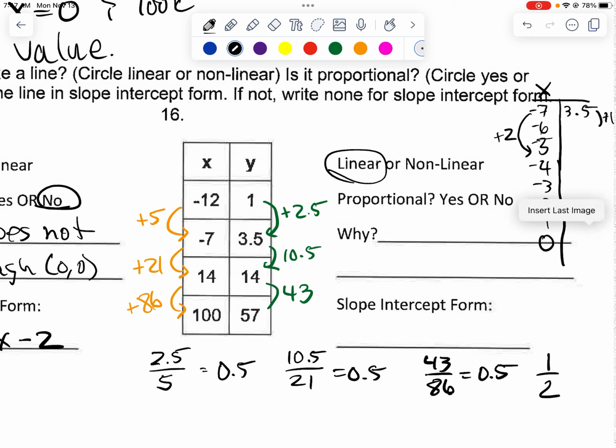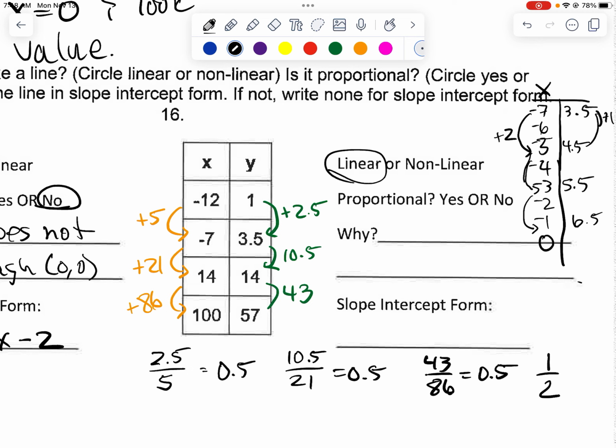So that's going to get me 4.5. So right here would get me 5.5. This would get me 6.5.